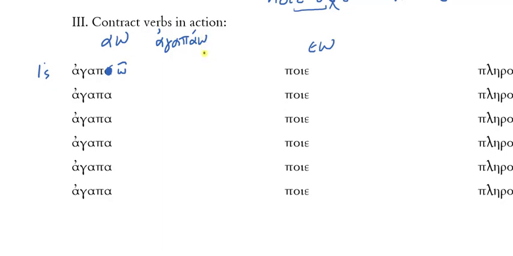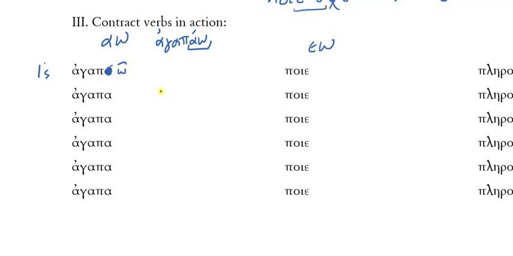This form does not exist as a real verb in Greek because it will always contract in Greek, right? The first person singular form is agapo, not agapao. So this is an artificial form. Why is it given this way in our lexicon? It's to help you know that this is a contract verb and that its contract vowel is alpha. All right? So they're just trying to help you along here, taking little baby steps.